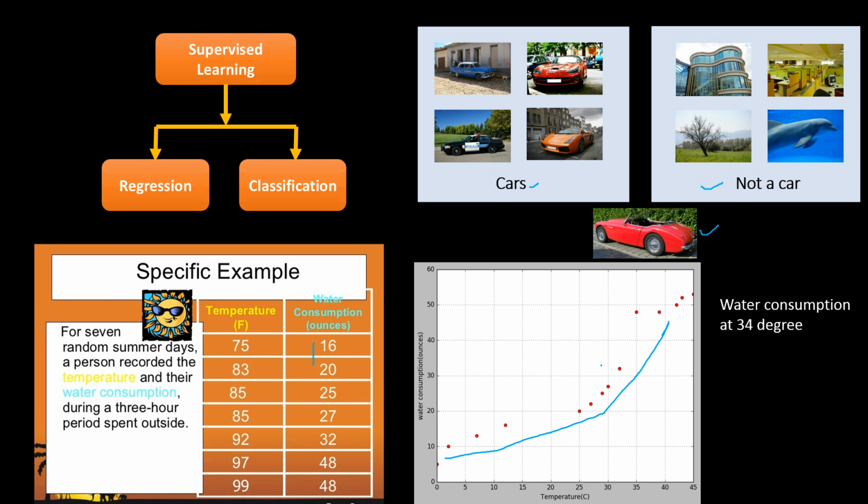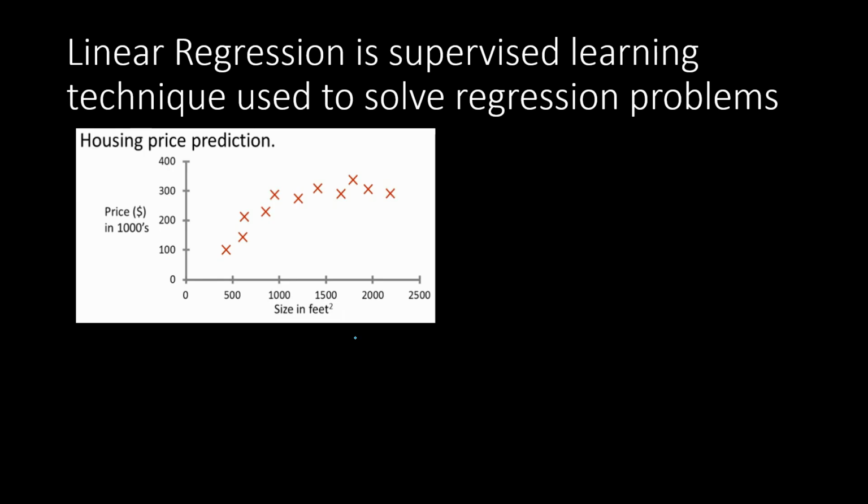And at test time we'll be given only the input, which is the temperature. Say there is no data for 34 degrees or 37 degrees here, and based on the model we have learned, we can predict its real valued output. So this is what a regression problem is: predicting some real valued output. And this is one famous example: housing price prediction.